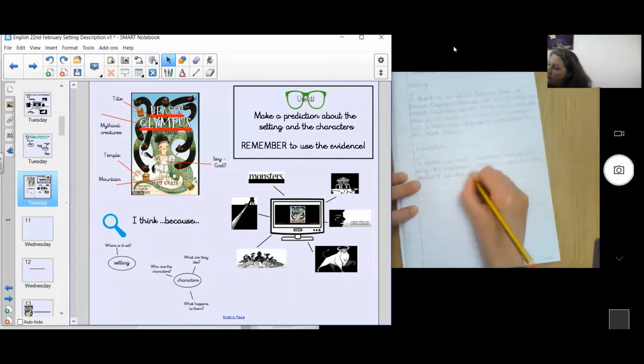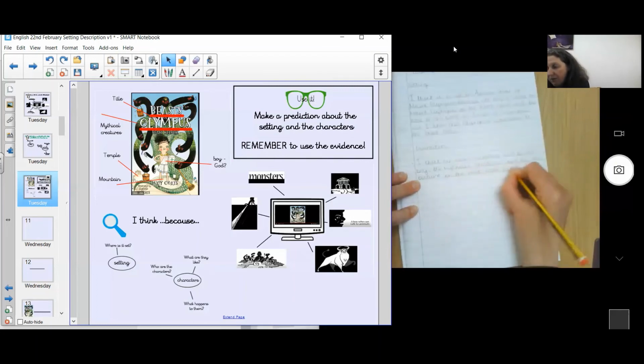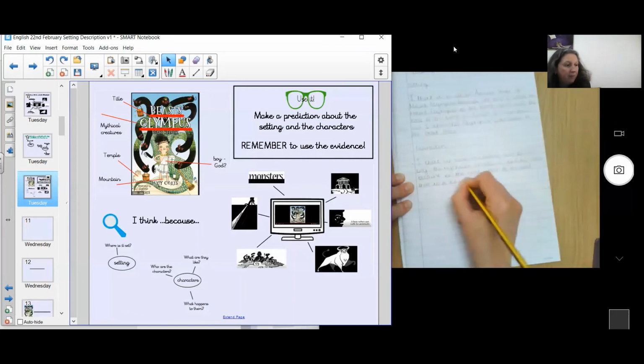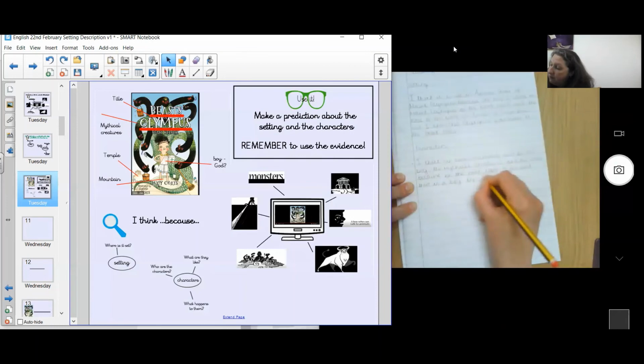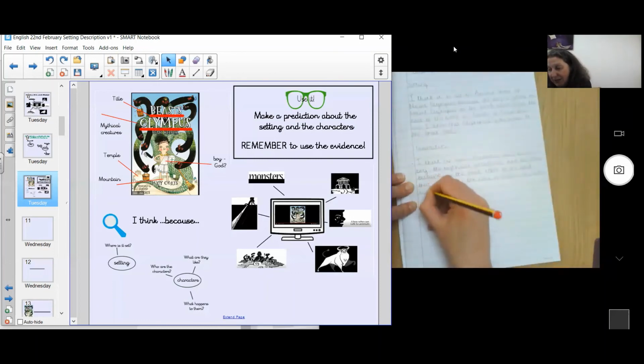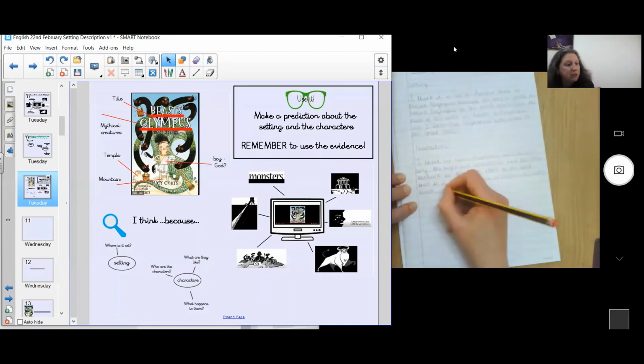on the front cover of the book, there is a boy. The title includes the word beasts. So I've taken that beasts mean the mythical creatures.